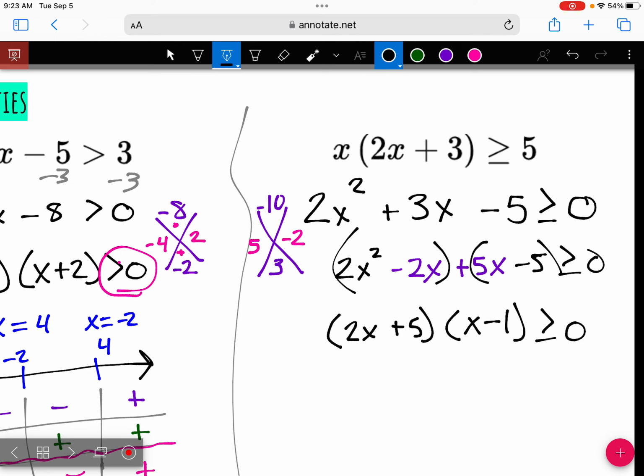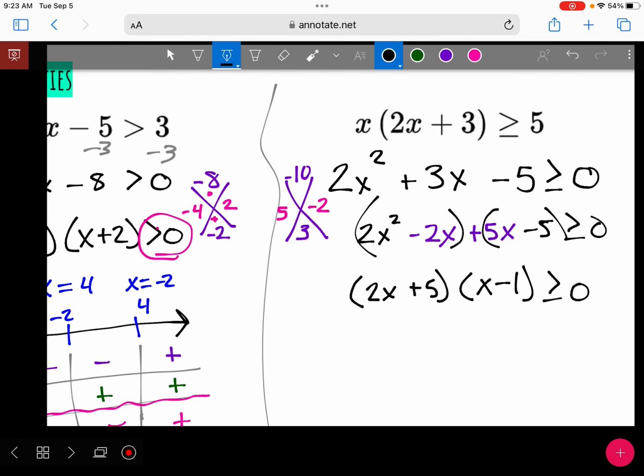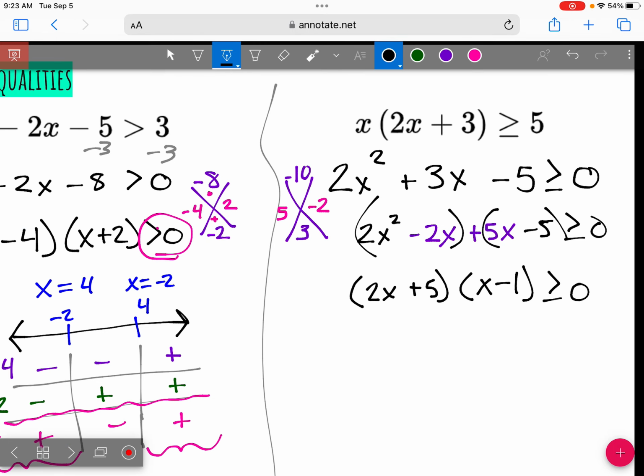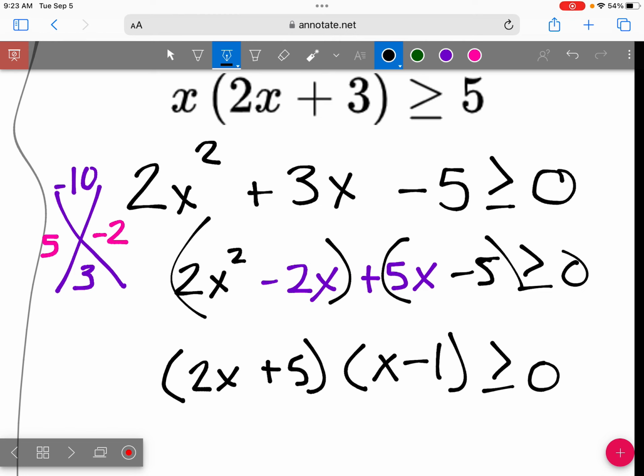However you choose to factor is up to you. You okay on the factoring part? You can always box it if you're more comfortable with the box.